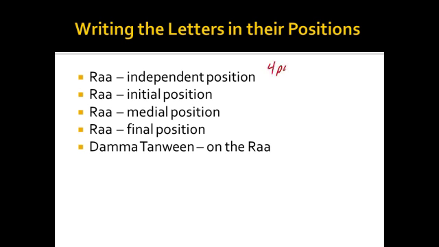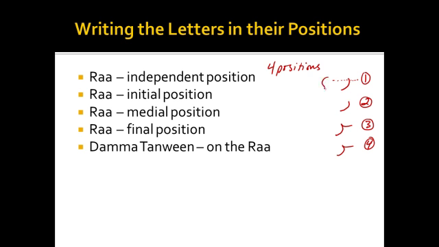So again, we have 4 positions for each letter. Now, the independent position, the Ra, is going to look like this. Okay? And it's going to dip below the line. So this is the line here, and the Ra is going to dip below the line. Now, in the initial position, the Ra is going to look the same. In the medial position, the Ra will look like that. And in the final position, the Ra will again look like this.